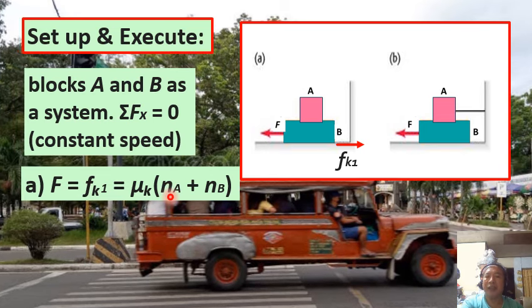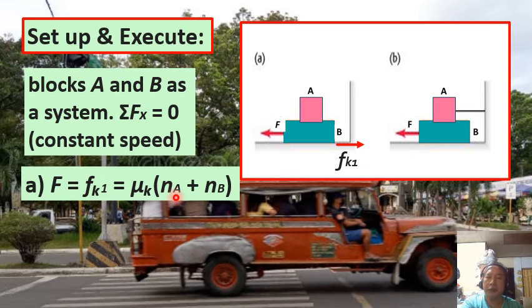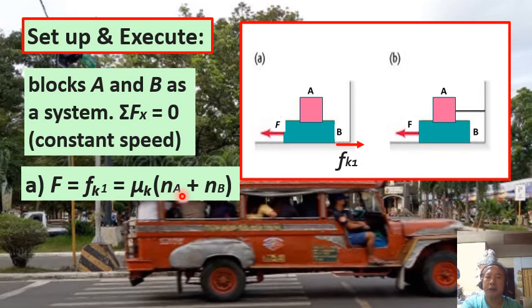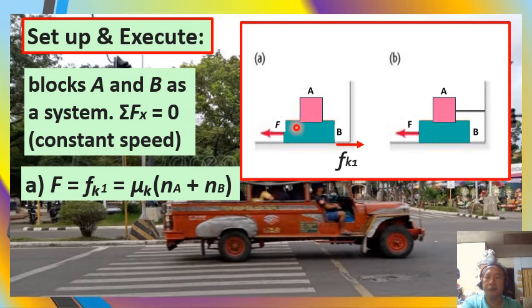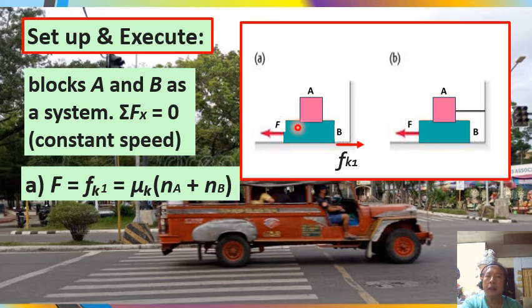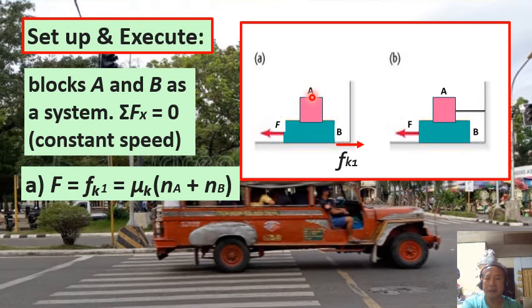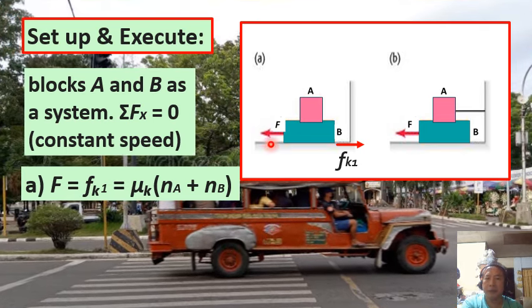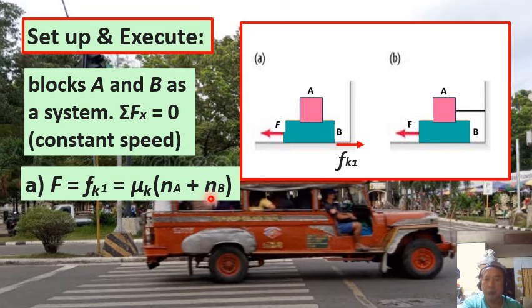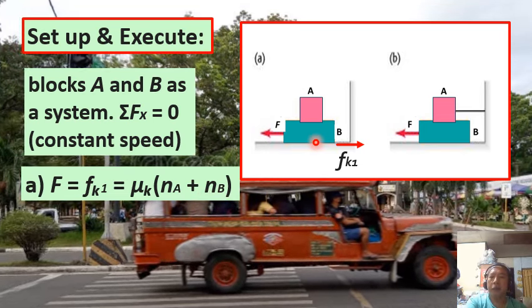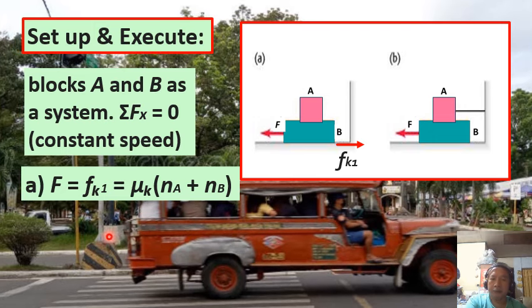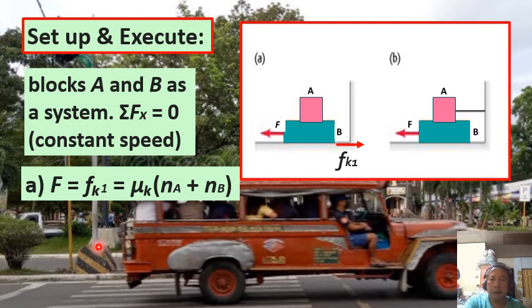N sub A refers to the normal reaction force exerted by block B on block A, while N sub B here is that of block B.